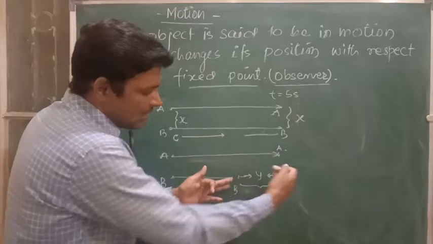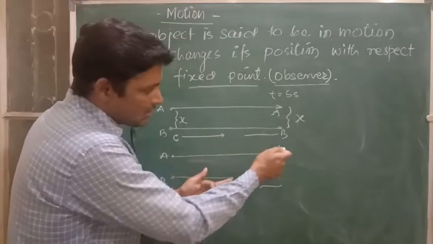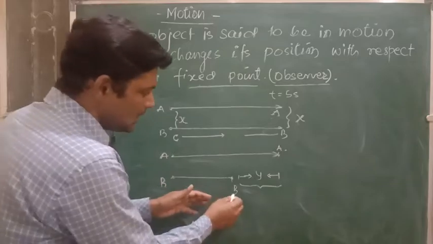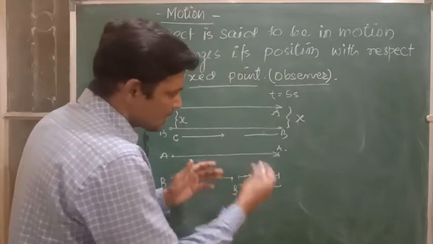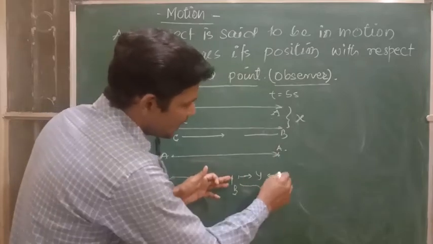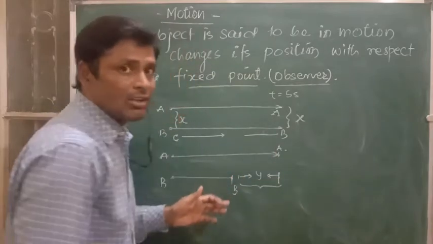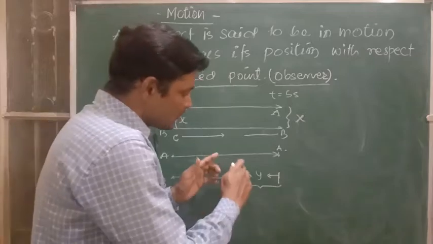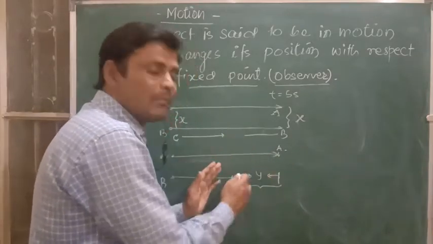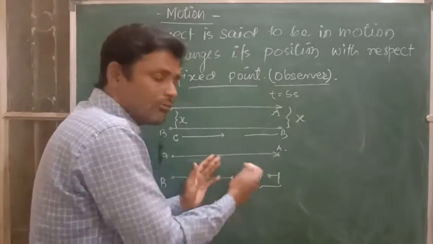So B has a motion in the backward direction with respect to A. At the same time, when B tells about the position of A, he calculates that A is y meter ahead of B. So now B can say A is in motion with respect to B, ahead of him.